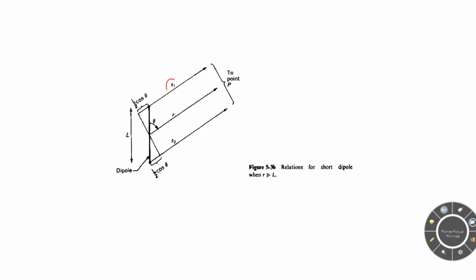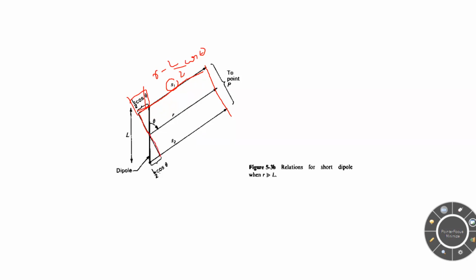So what is S1 equal to? If you observe from here to here, say this is the observation point, the distance is R, but S1 is shorter by this much. Therefore, S1 is equal to R minus L by 2 cos theta.